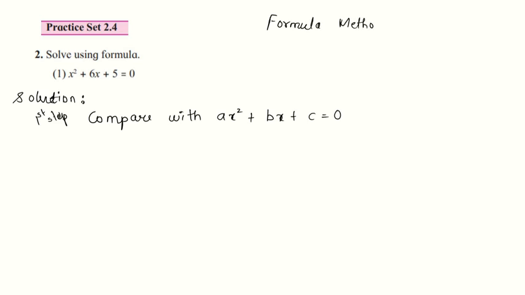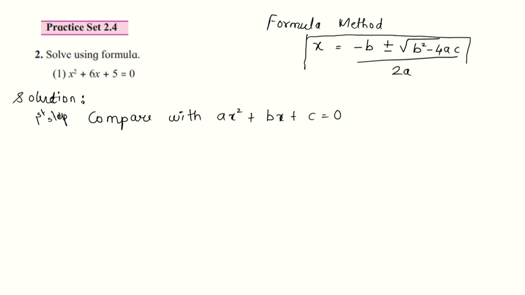In this we have to use a formula to find the value of x. The formula that we will use is x equals minus b plus or minus square root of b square minus 4ac upon 2a. It is very important to learn this formula. So if any question comes in the examination to solve using formula method, we need to use this formula.